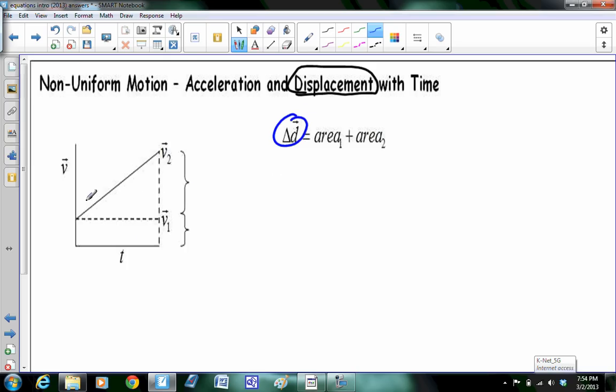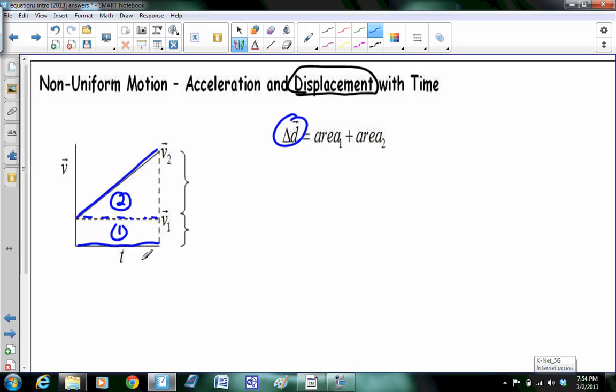So what we're going to do is find the area under this line and the x-axis, which is over here. In order to do that, we're going to have to divide this section into area 1 and area 2, the two areas over here.